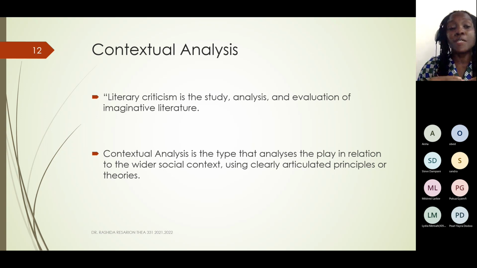But we know that for you to truly be a critic, your opinions must be backed by clearly articulated principles or theories. So that when you say this character is this, you are actually backing it up with either a type that you have identified in dramatic contexts, or you are relating that character to a certain type that is well known, and then give evidence as to why you are saying that the character is this way or that way.